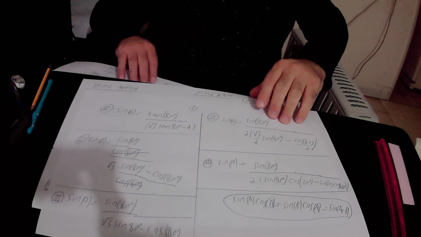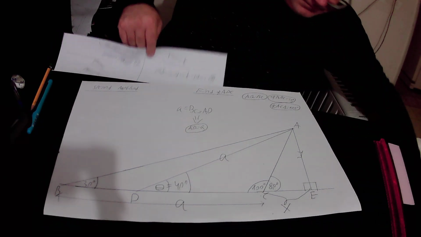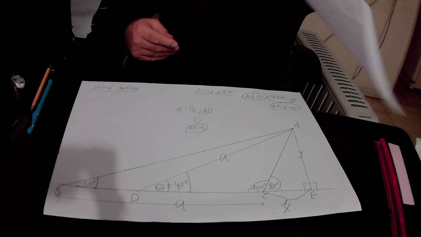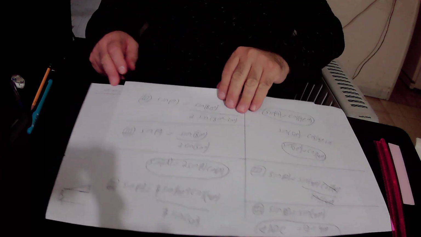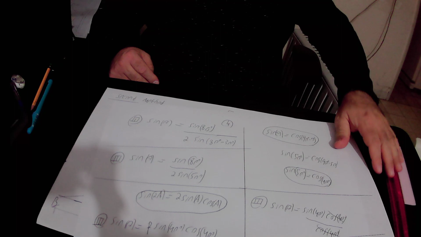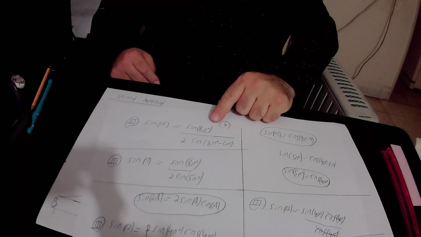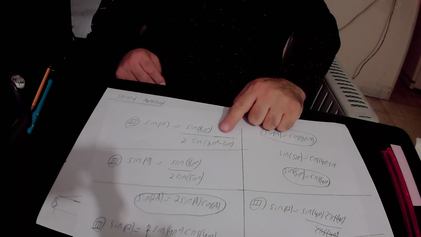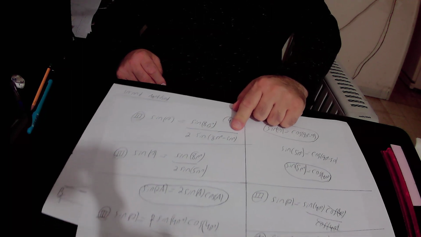So we did it, and we got that according to equation number 3, sine theta equals sine 80 degrees over 2 sine of A minus B, and A minus B is 80 degrees minus 30 degrees.